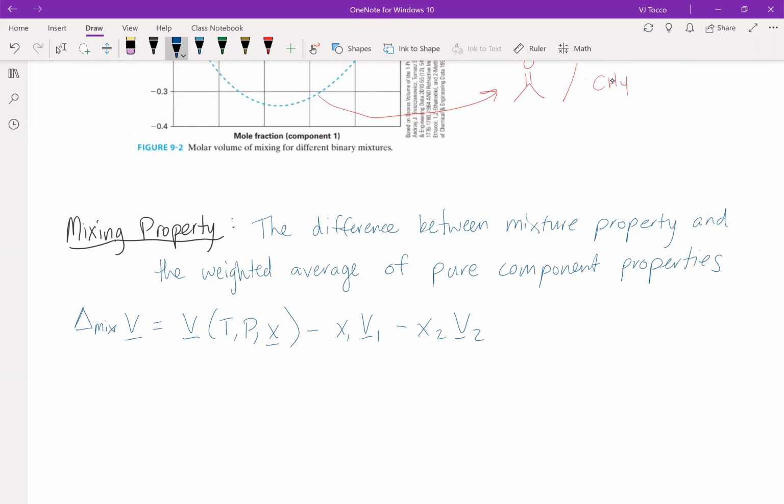That's for volume. And like I said, for volume, mixing property equals excess property.